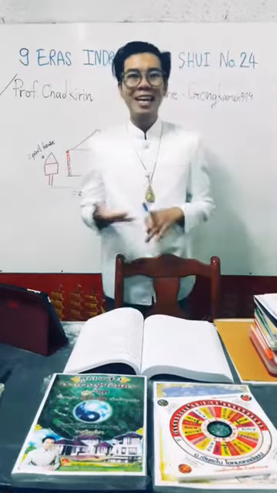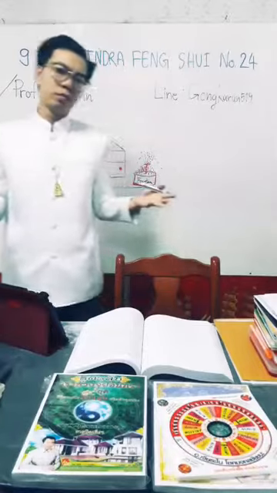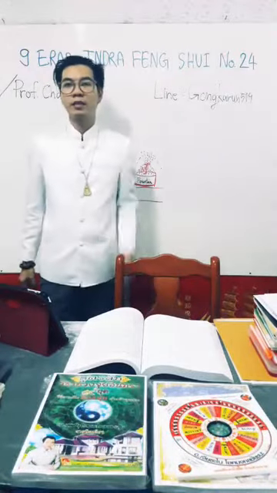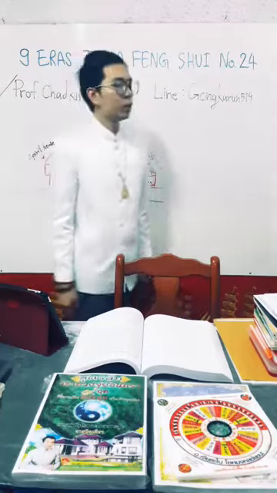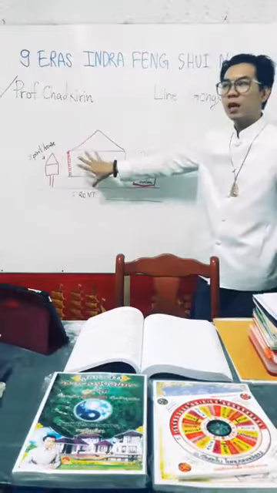So for luck, fortune, prosperity, or things that are like a belief, you just believe to bring it into the house, like in this photo. That's just a photo, like a figure.